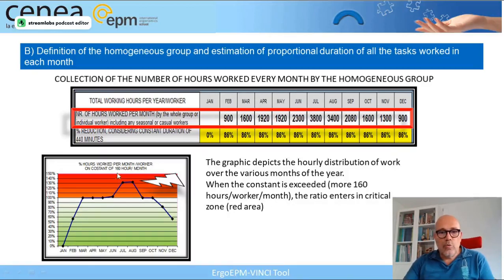When we exceed that constant, it is graphed in the red zone. Let's remember that the only thing we have to write in the tool is the total number of hours worked per month by the group of people in that homogeneous group. In our example there were 10. We will write the total worked by these 10 people.